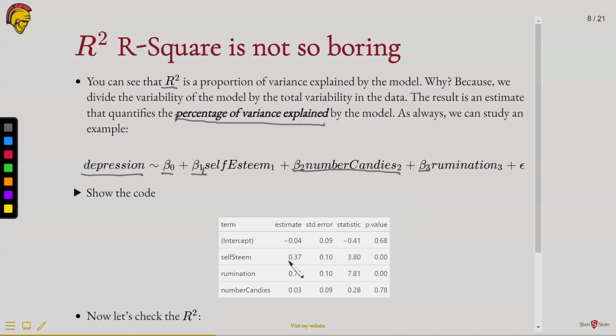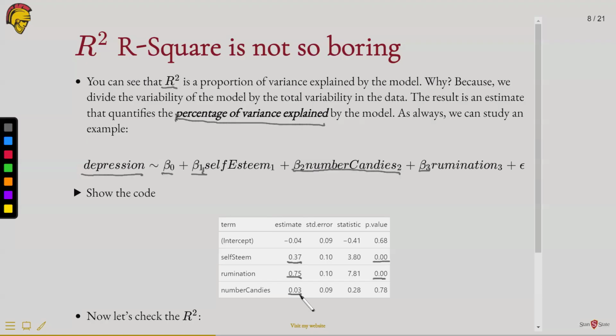In this case, we can see that self-esteem is actually related to depression and is not explained by chance, right? The p-value is less than 0.005. So that means that, yeah, it's explaining something. Rumination, yeah, we know that rumination is highly related to depression and is not explained by chance. But let's take a look at number of candies.